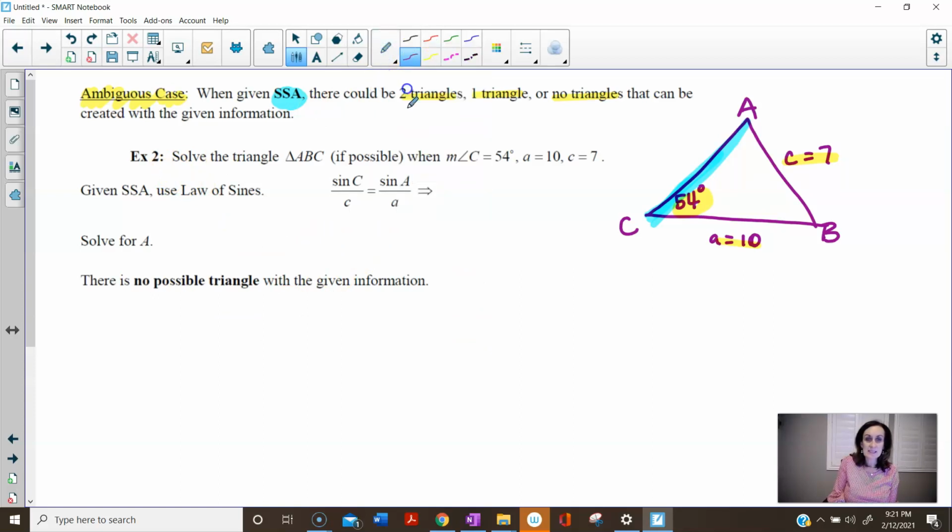So it says that we have 54 degrees, and then side C, across from 54, is 7, and side A, across from angle A, is 10. So now I'm going to do the sine of C over C. So the sine of 54 over 7 is equal to the sine of A, we don't know what A is, over 10.